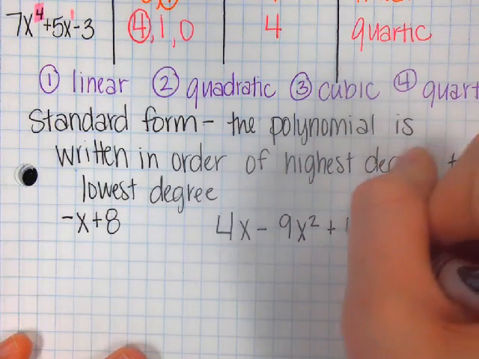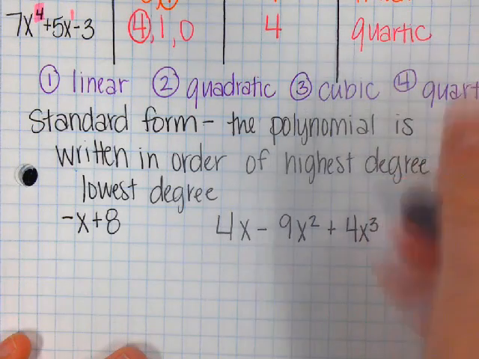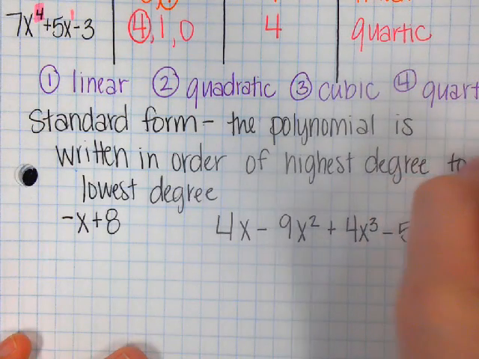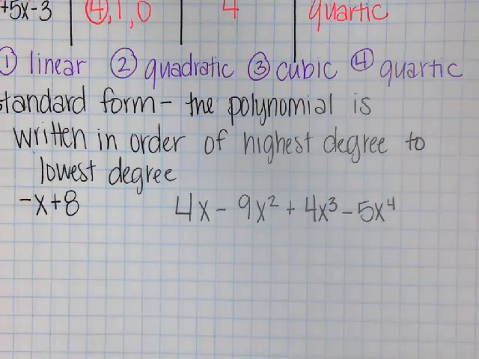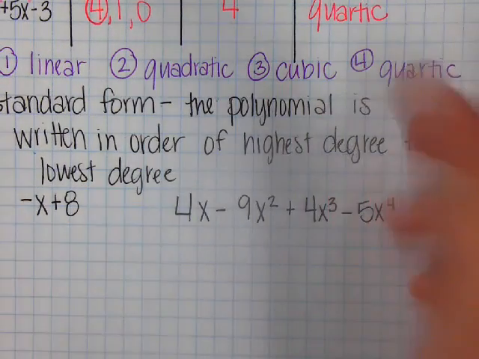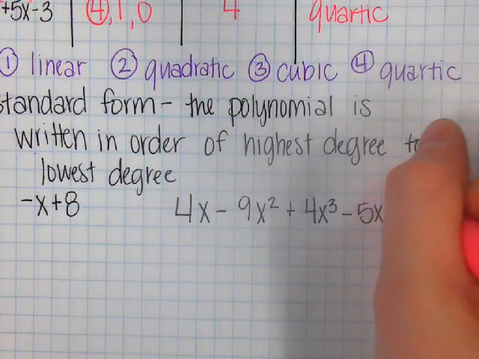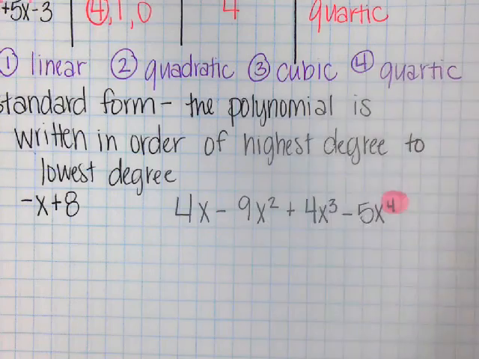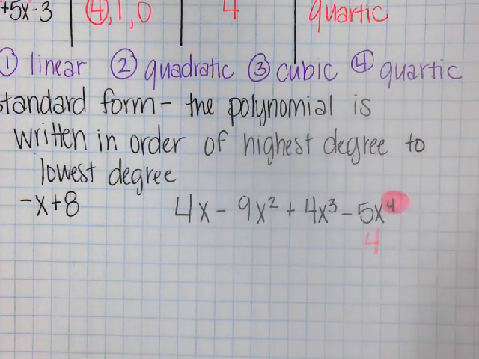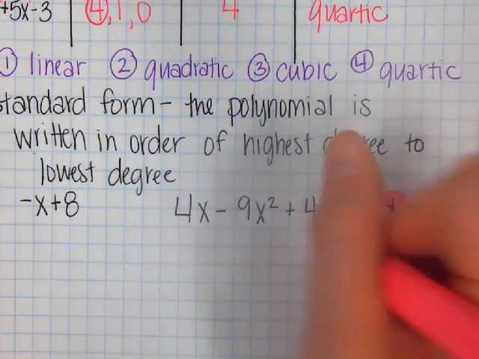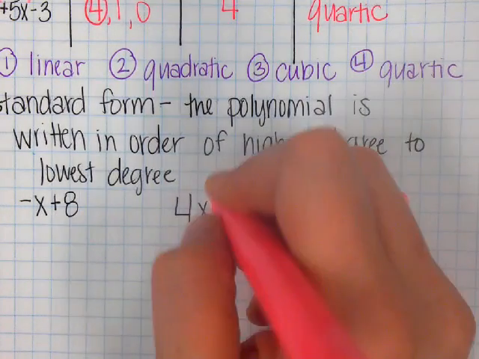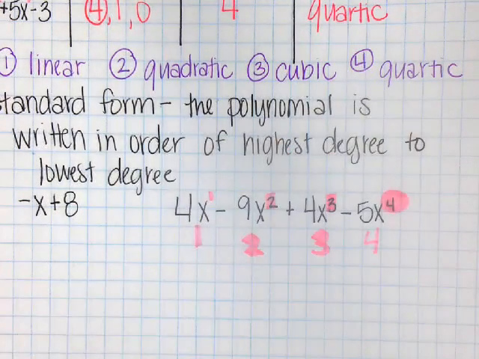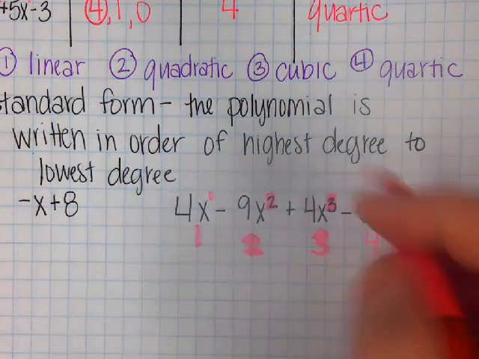Let's do another example. So if we had 4x minus 9x squared plus 4x cubed minus 5x to the 4th. You want the highest degree first. So since this one has a degree of 4, that would have to go first. This one has a degree of 3, so it would go next.